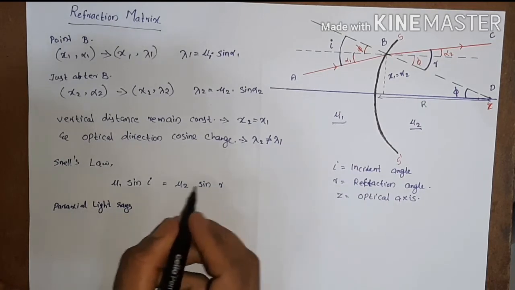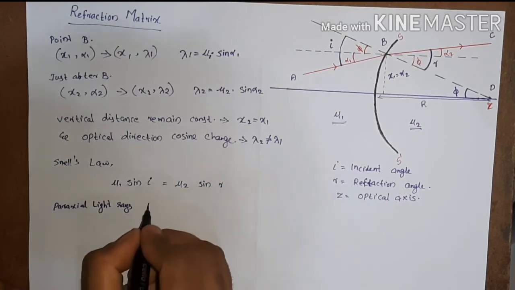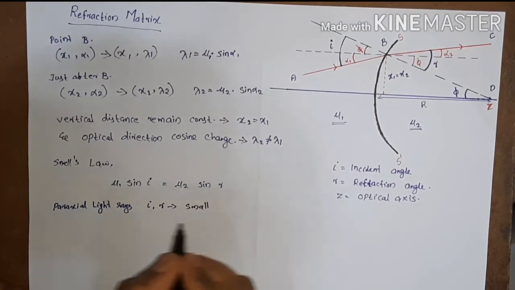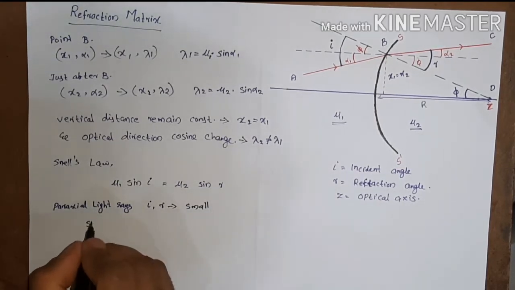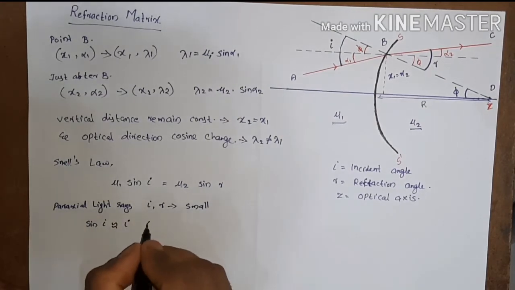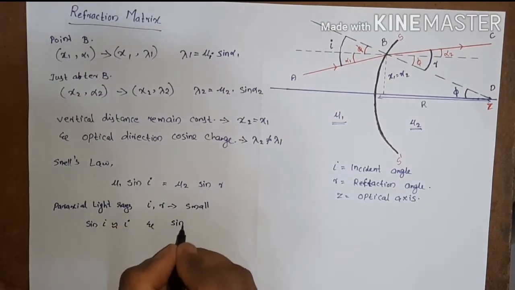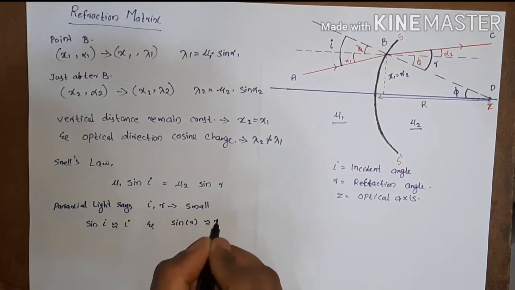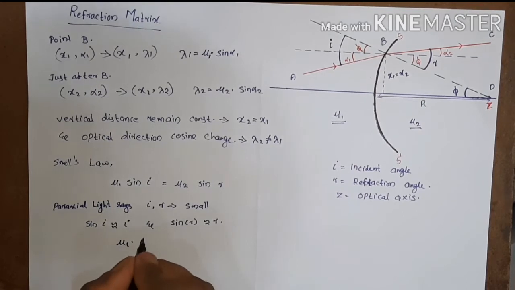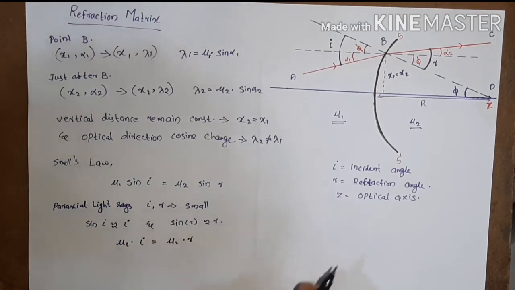I and R are small angles. So sine of the angle I is approximately equal to I itself, and sine of the angle R is approximately equal to R itself. So I can write mu1 into I equal to mu2 into R.